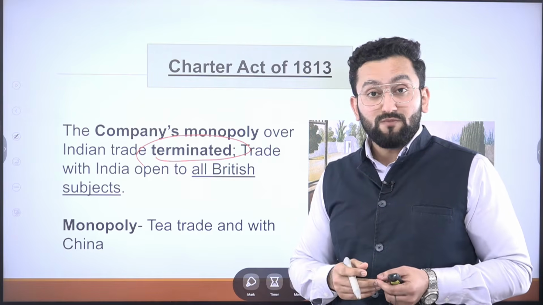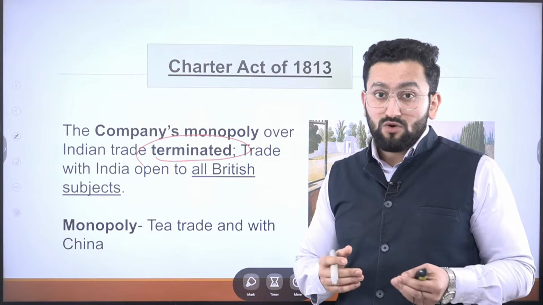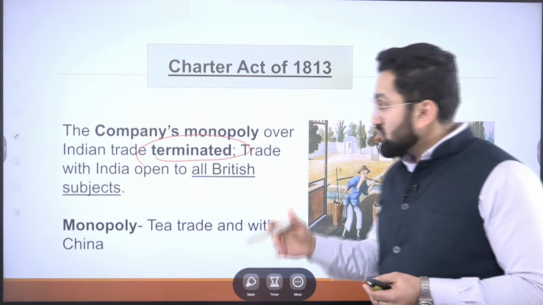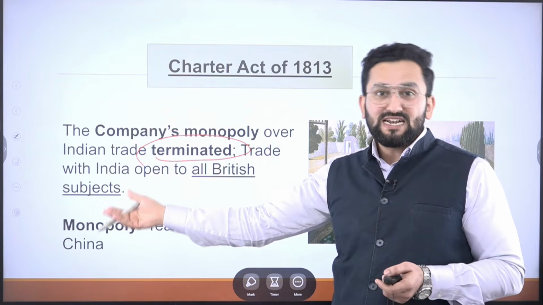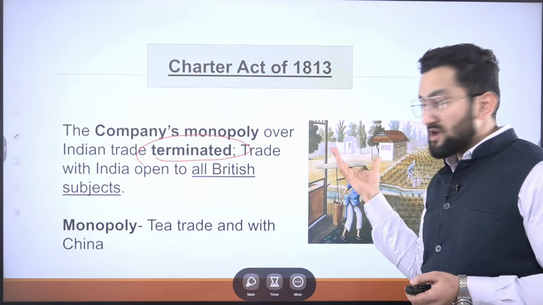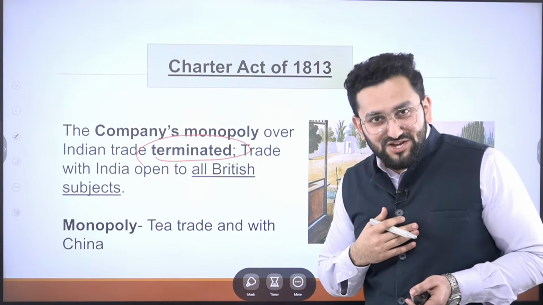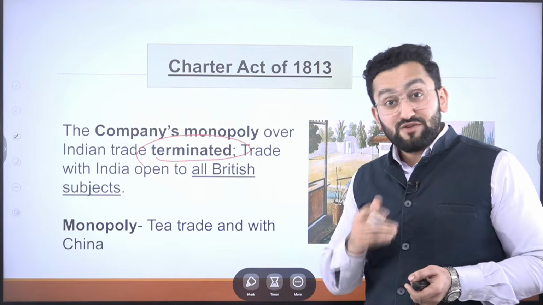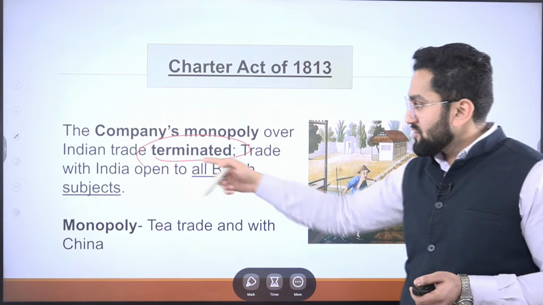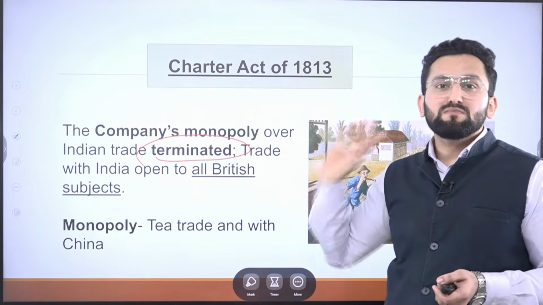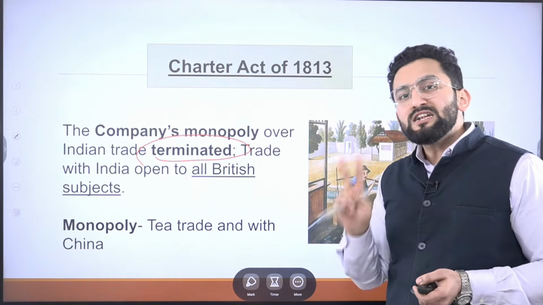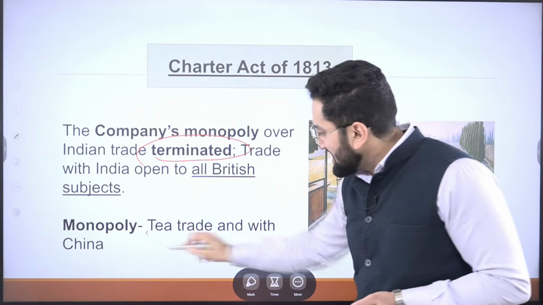So then the British government was like, yeah, for its own betterment, it is better to allow other companies also to trade there. So when the English East India Company came that we want permission to trade again because we also need protection, they said, now your trade monopoly is terminated. But monopoly in two aspects was there. It means tea trade.